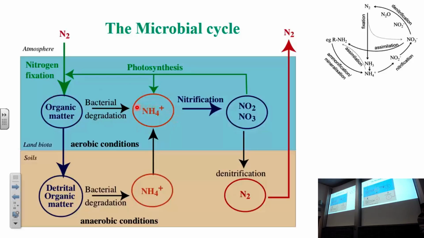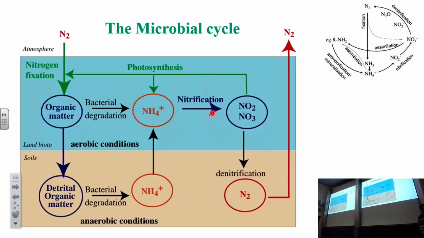Or it can be buried into an anoxic environment where the same degradation can happen. If we get into an oxic environment, we can do this nitrification process, taking ammonia or ammonium and turning it to nitrate.